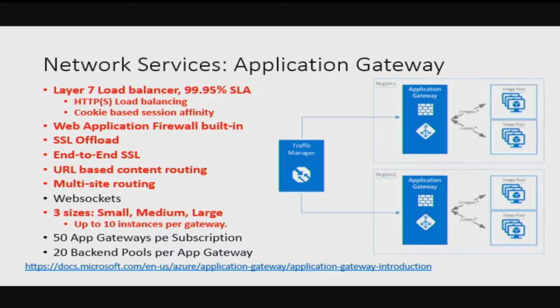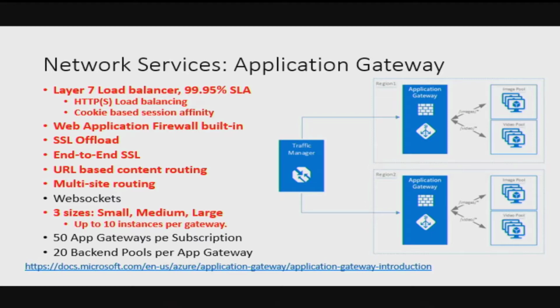But if you do need to have the data protected all the way, encrypted all the way to the VMs, you can do end-to-end SSL. And what will happen there is you've got the SSL certificate associated with the app gateway. The app gateway temporarily, in memory, decrypts the traffic, inspects it, because you can write rules based on the domain, based on the URL, to route it to different backend pools.